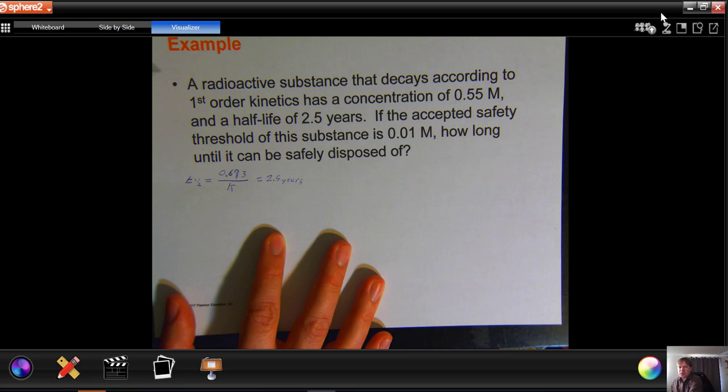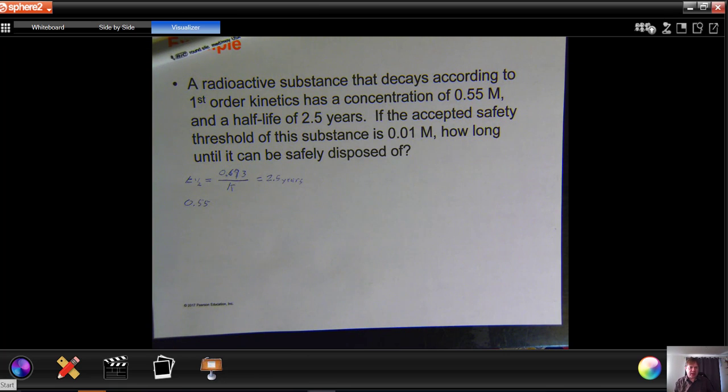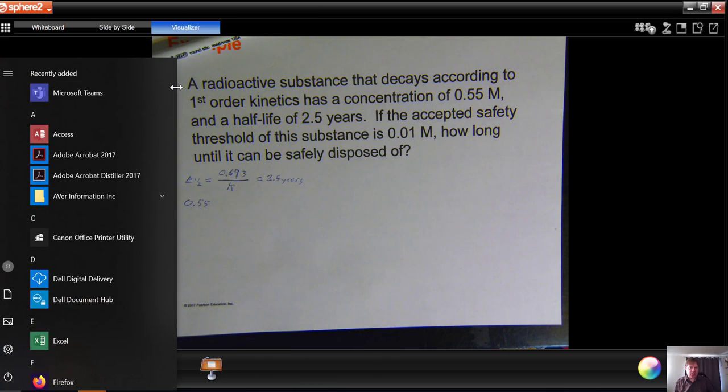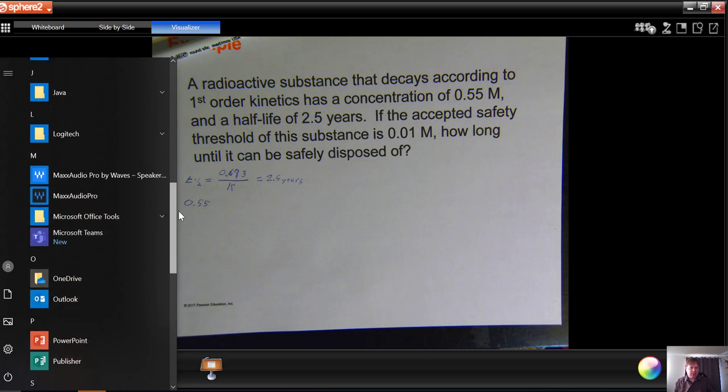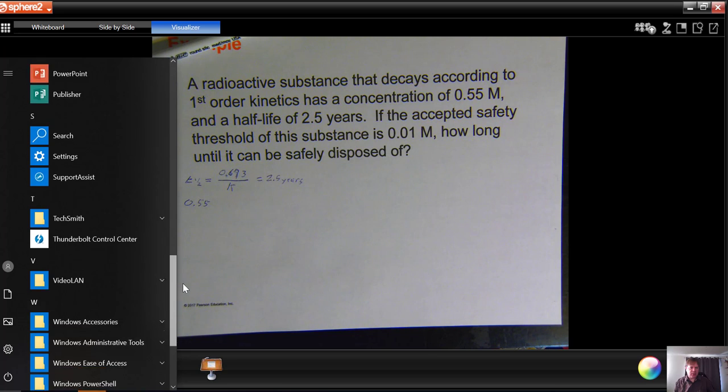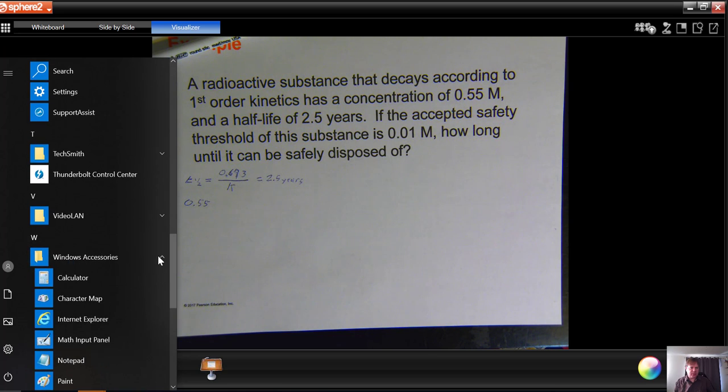One way we could do this, we're actually going to do this in two ways. One thing we could do is see how long it takes if we cut it in half. So we'll start with 0.55, and we'll divide that by 2. I'm going to go ahead and open a calculator so we can do the math. To get down to 0.01, the math could get a little bit involved.